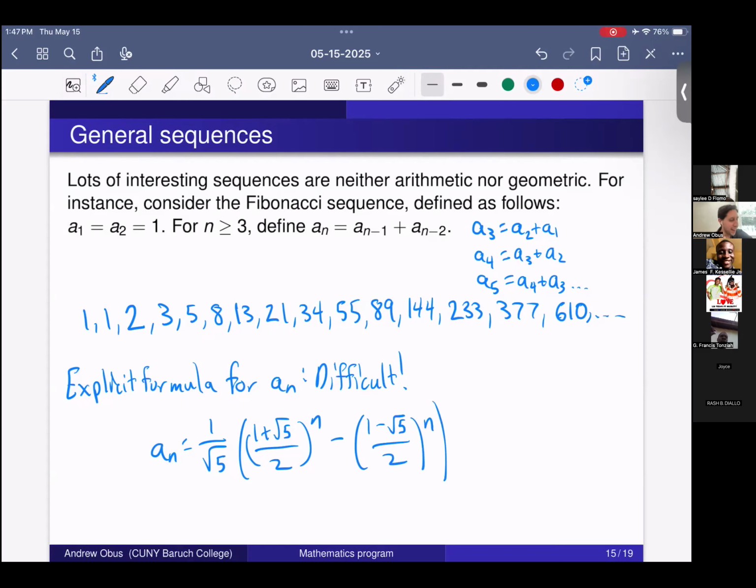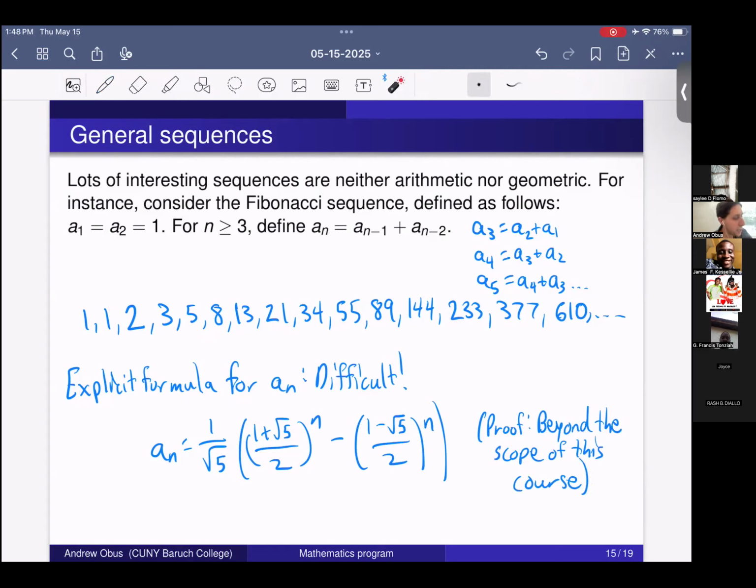So it's a completely nutty formula, right? But in fact, this is true. The proof is beyond the scope of this course, but it is true.